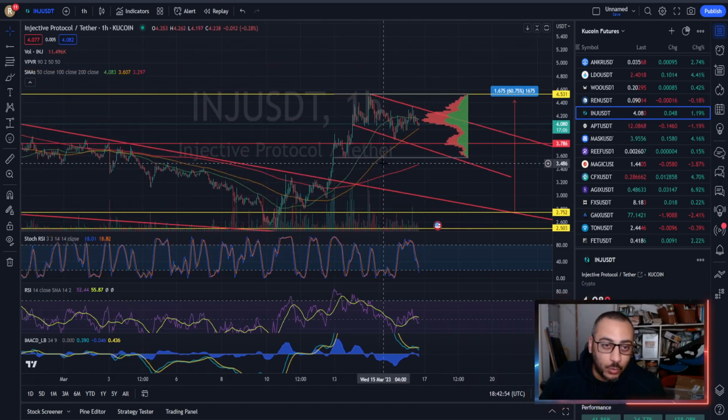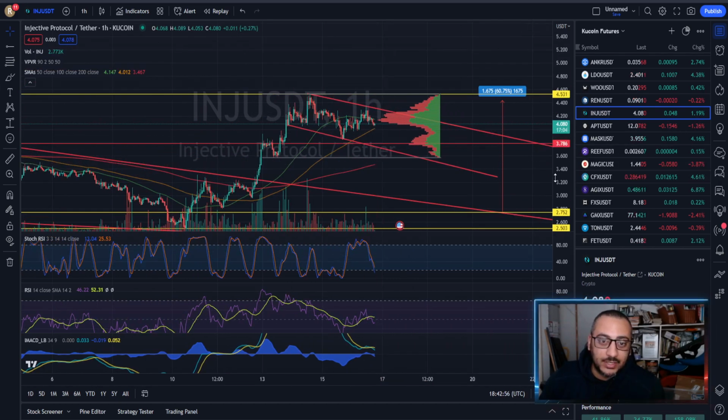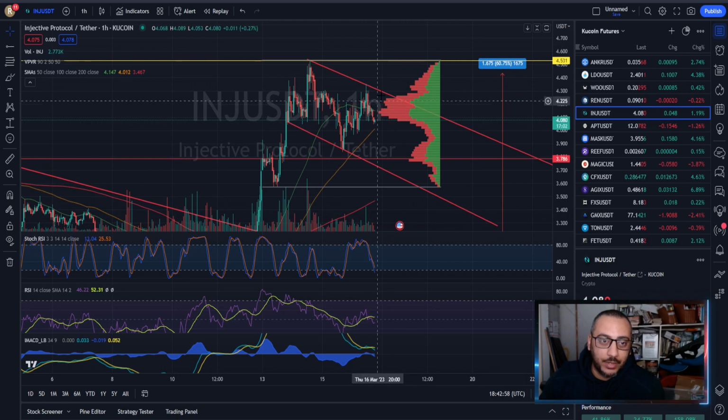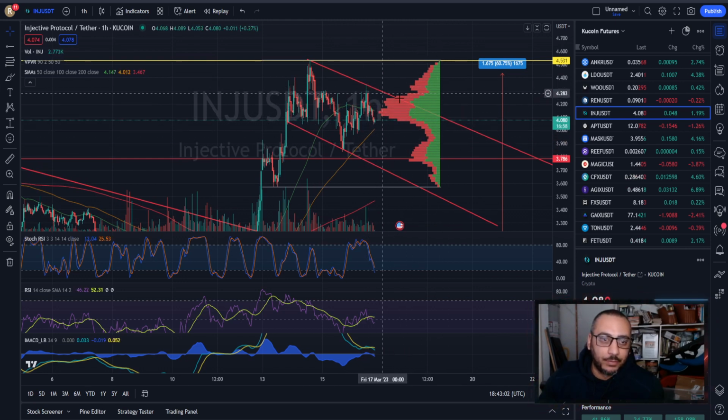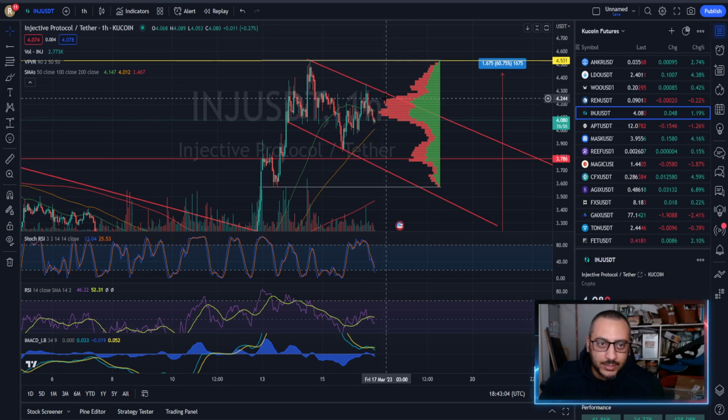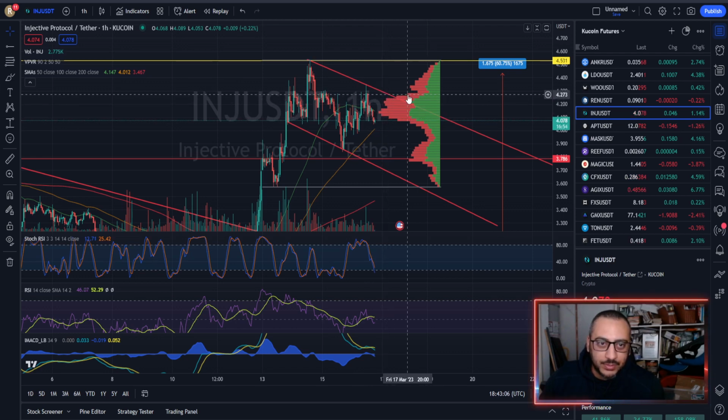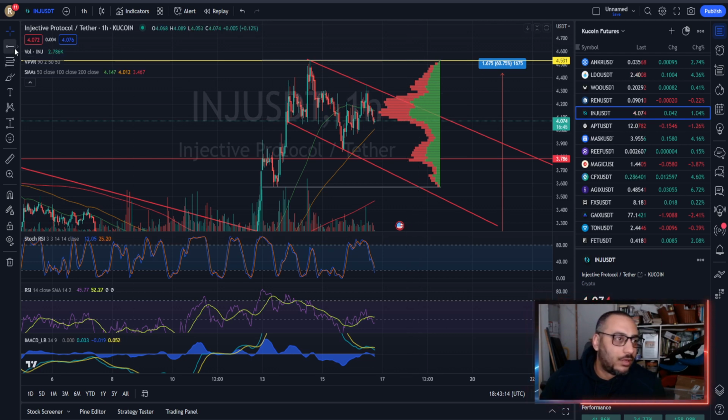However, for those of you who are more risk averse, you can see there is a lot of selling pressure right above us thanks to the VPVR. So you would expect if we do get a rise, we would stop out possibly right here at 427.3, and then that would be a very good place to put in a short.